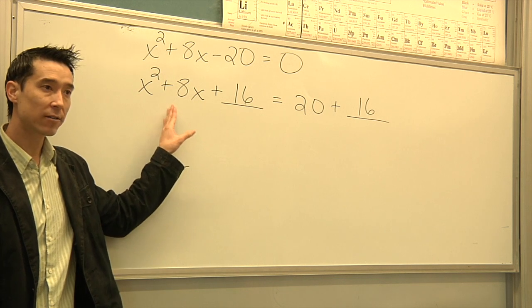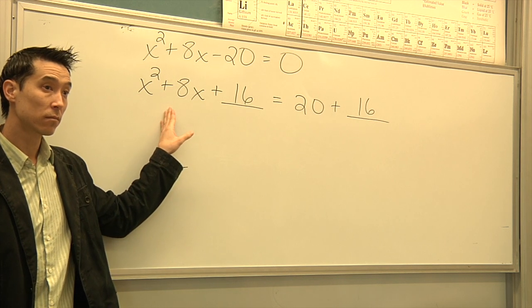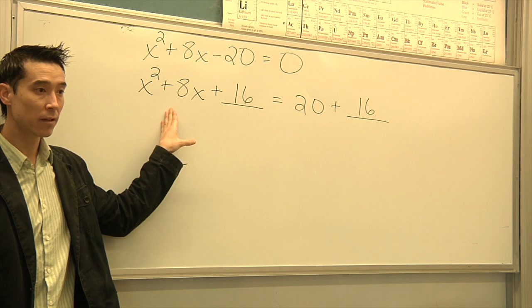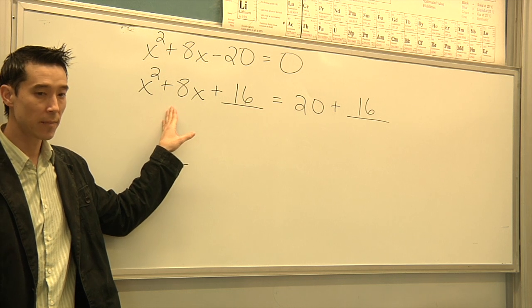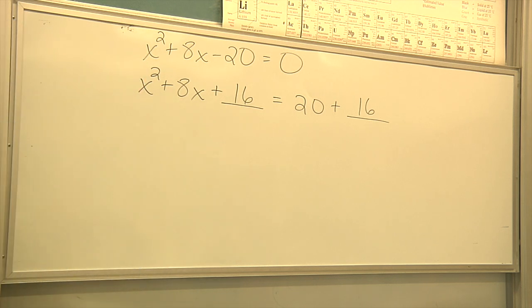Okay, now factor the left side. Go ahead. If you're a trial and error person, use trial and error. If you're an AC method person, use the AC method. Get that left side factored for me. The great news is it's going to factor into a perfect square.